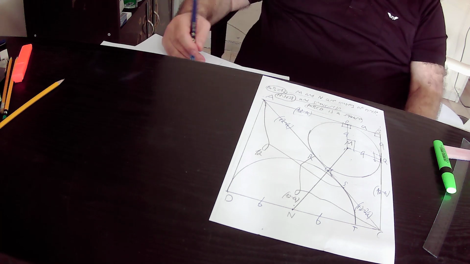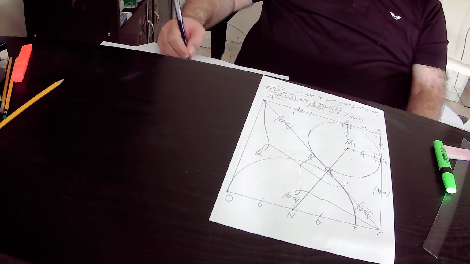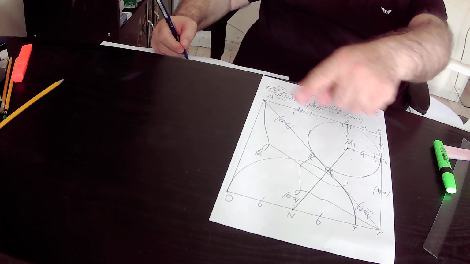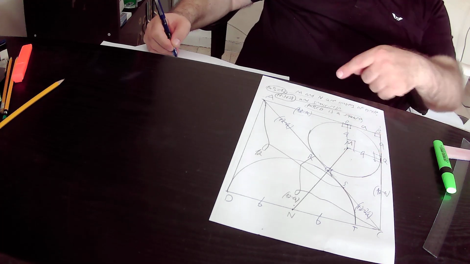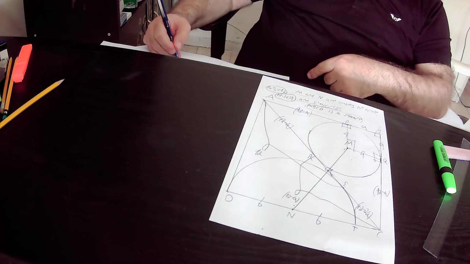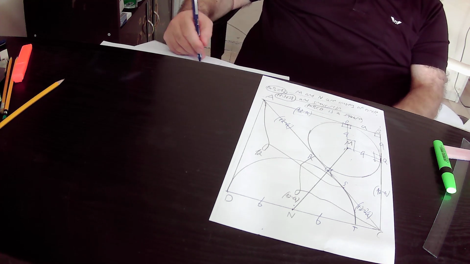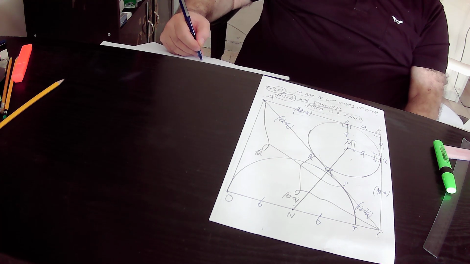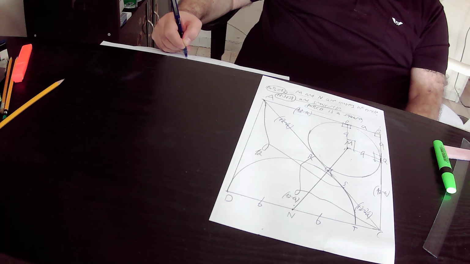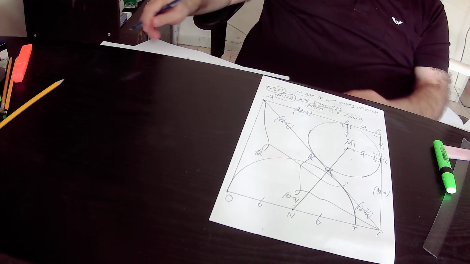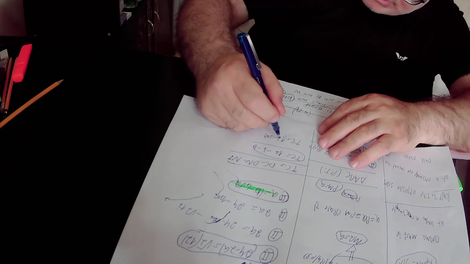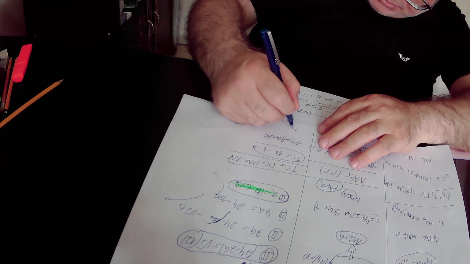So TC is equal to DC, that is 12 units, minus DN, that is b, minus NT, that is also b. So in conclusion, we found out that TC is equal to 12 minus 2b.